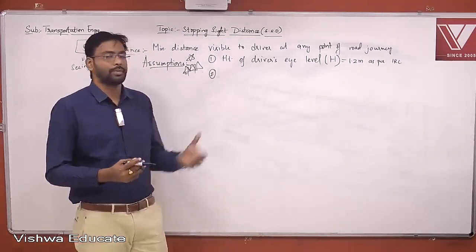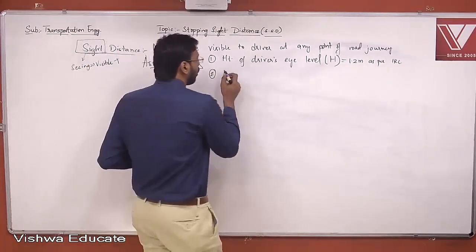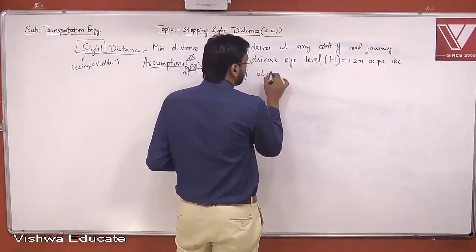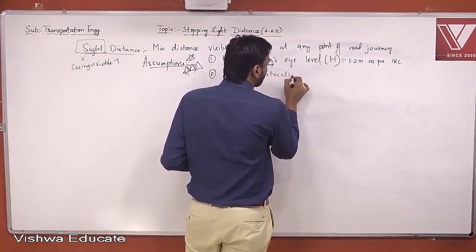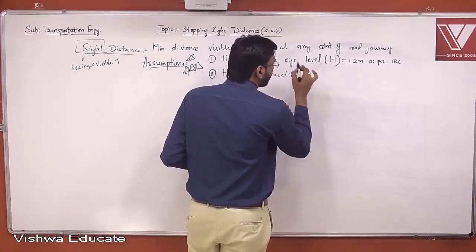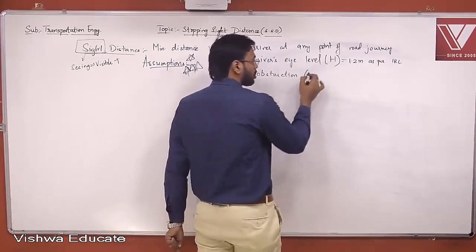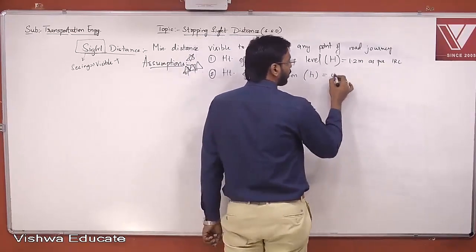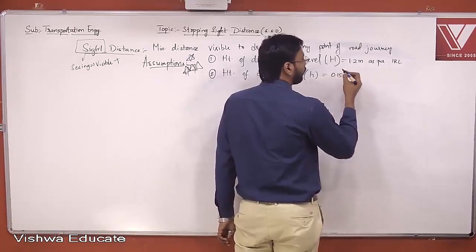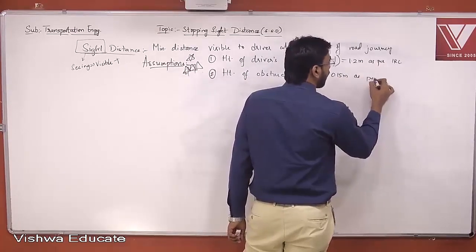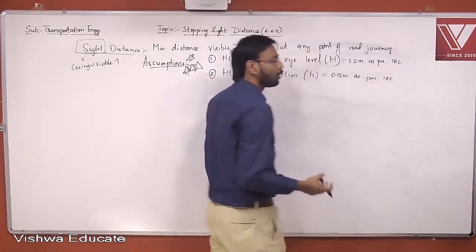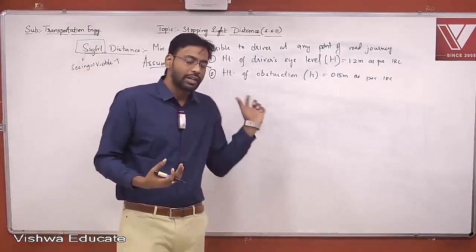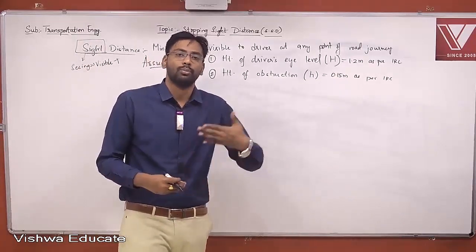That is the second assumption we make here: height of obstruction, indicated with the small h. The height of obstruction is 0.15 meter or 15 centimeters as per IRC. It means if the height of the object is more than 15 centimeters, it is difficult for the vehicle to move over it.